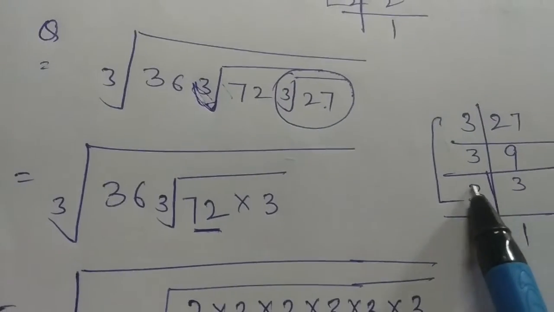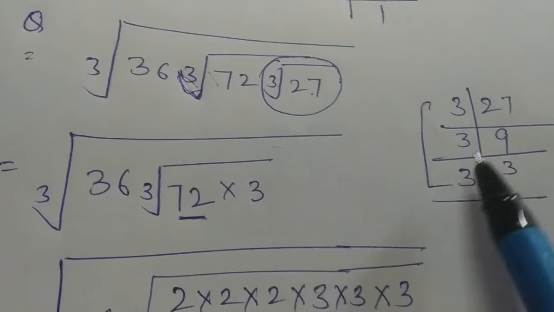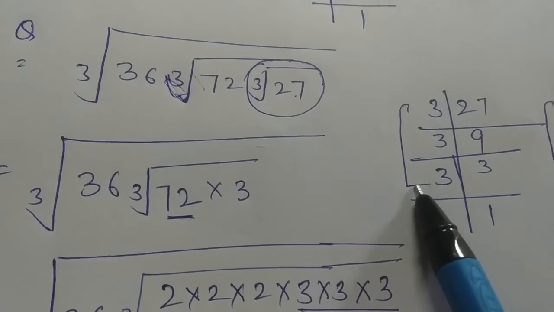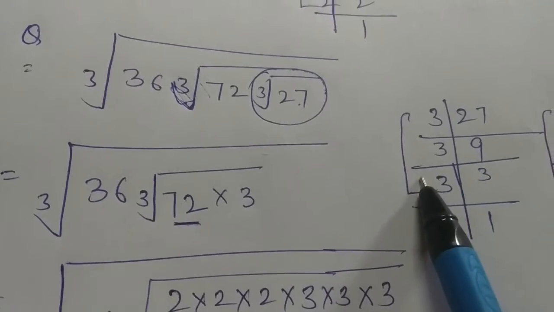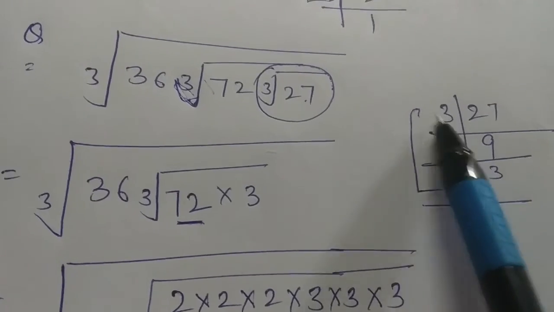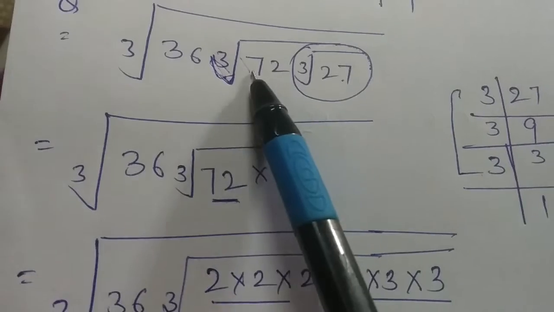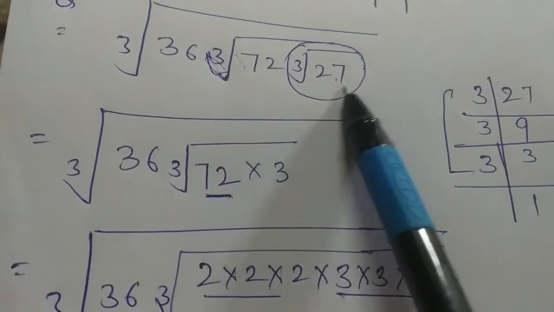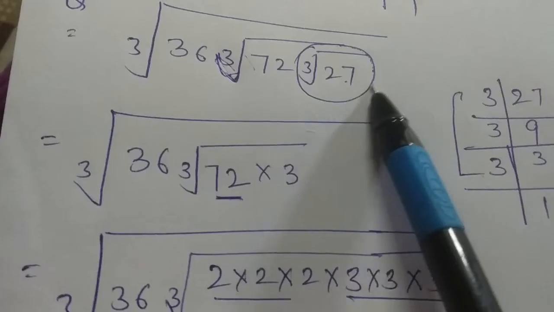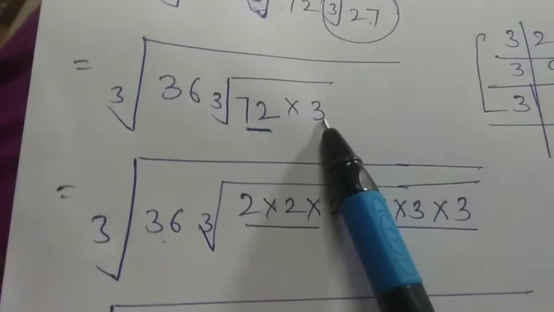Then the cube root of 27 is 3. See here, I have taken 1 three from this group of 3, from this triplet. This is cube root of 36. Then I wrote cube root of 72. Then I wrote this cube root of 27 is 3.